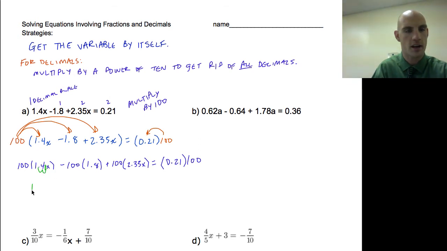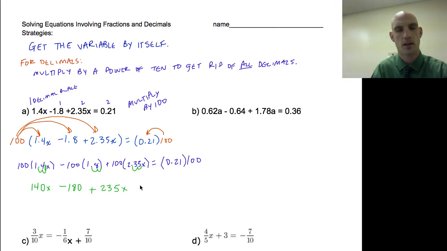So I know this is going to end up as 140x, because 1.4 times 100 would be 140. When I move this one, I'm going to end up with minus 180. When I move this one, I'm going to end up with plus 235x equals, and I'm going to move this one 2 places, 21. You see how this works?